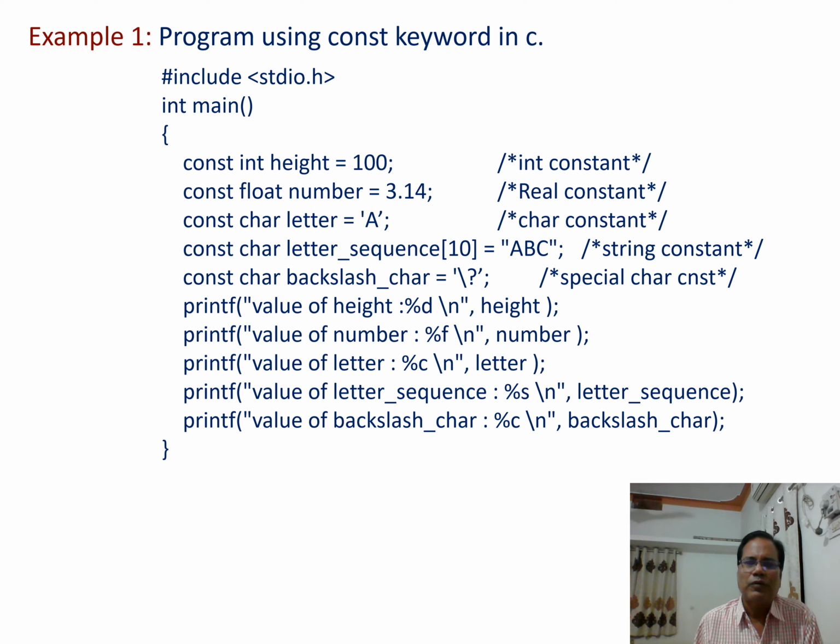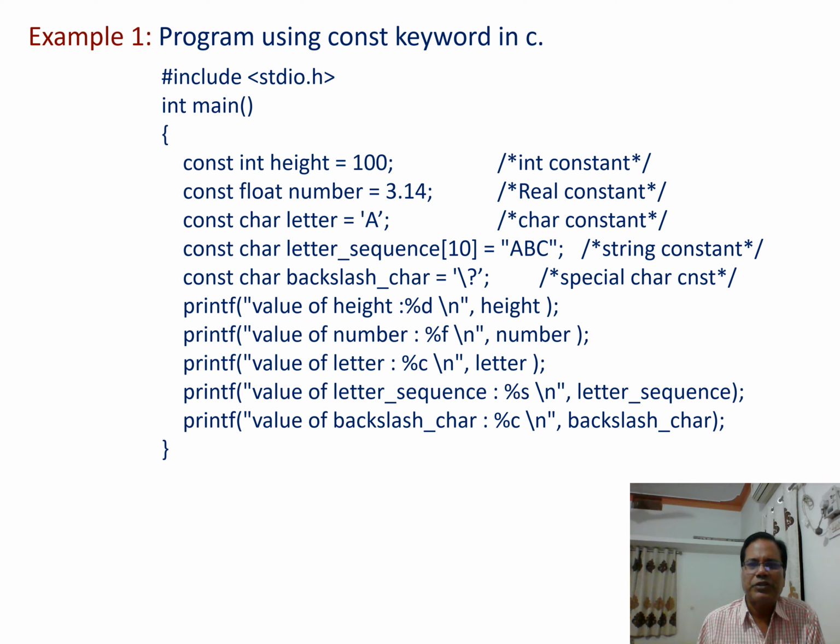We can also use lowercase letters; that is also legal. The second statement defines the float constant named number and assigns it a value of 3.14. The third statement declares the character constant letter and assigns it the character 'A'. Then const char letter_sequence is an array of characters that can accommodate 8 characters, and here it is assigned the string "ABC".